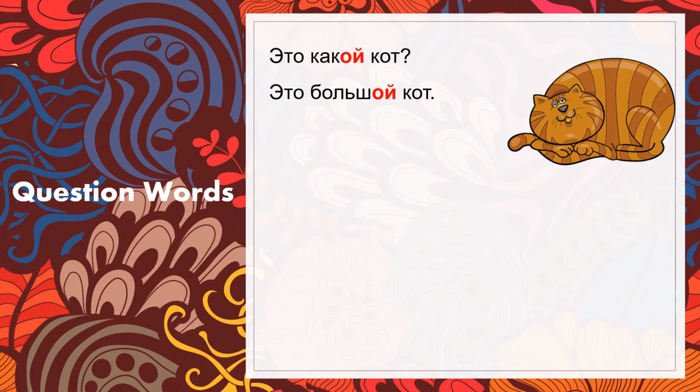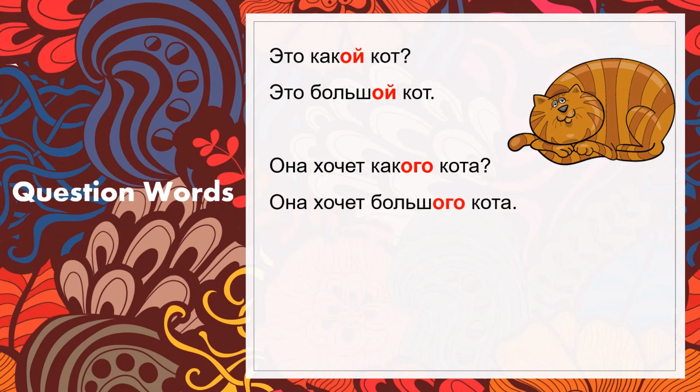As you notice, we are going to use that same ending as you do for the adjective for the most part. Okay, so this is nominative case. If we look at accusative case, it is the same thing. Она хочет какого кота? She wants what kind of cat? Она хочет большого кота. Okay, so we're using that accusative for a male object ending.